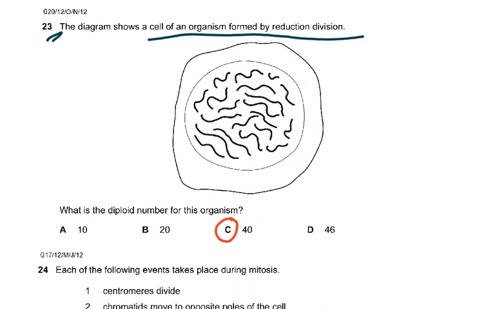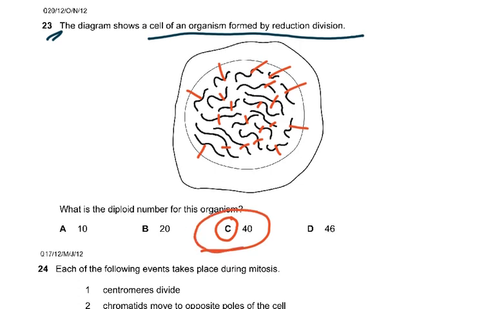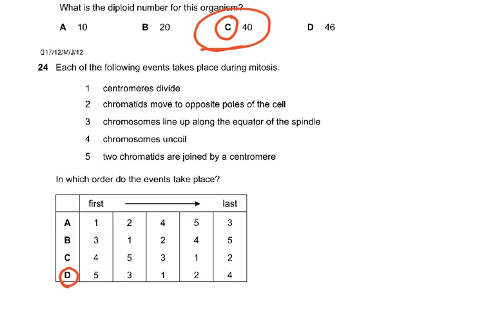You count them and you mark them: 1, 2, 3, 4, 5, 6, 7, 8, then 9, 10, 11, 12, 13, 14, 15, 16, 17, 18, 19, 20. So this is 20, one of each pair. So what is the diploid number? 14 actually. But you would count it wrongly, and that's where you lose the mark.